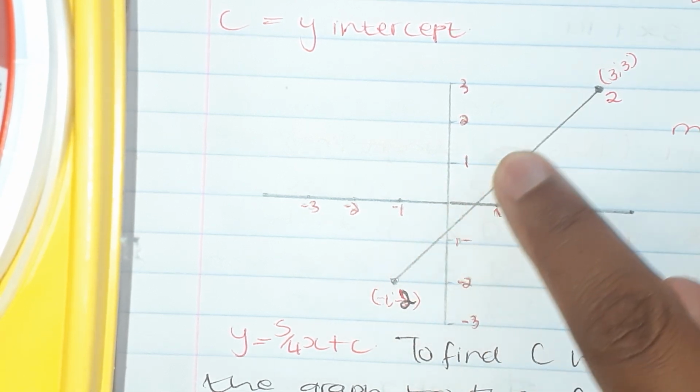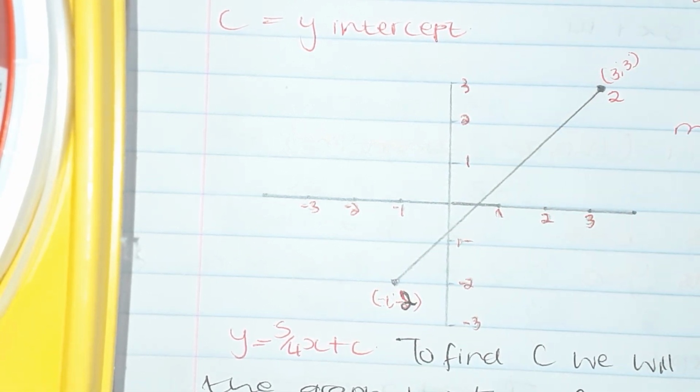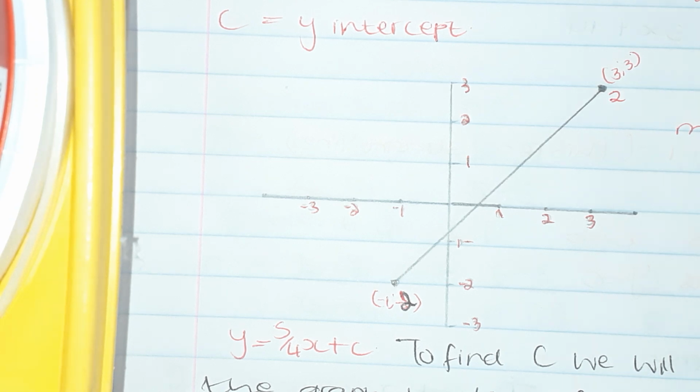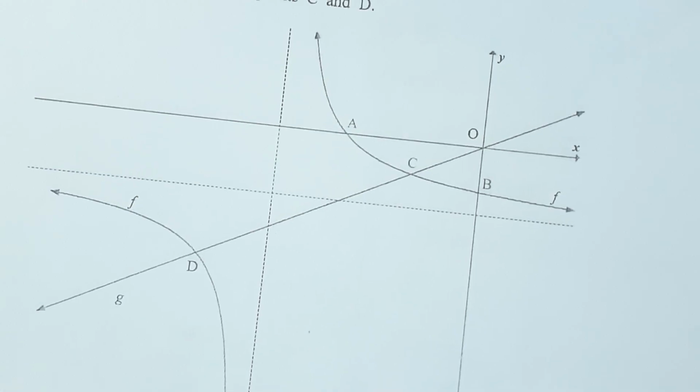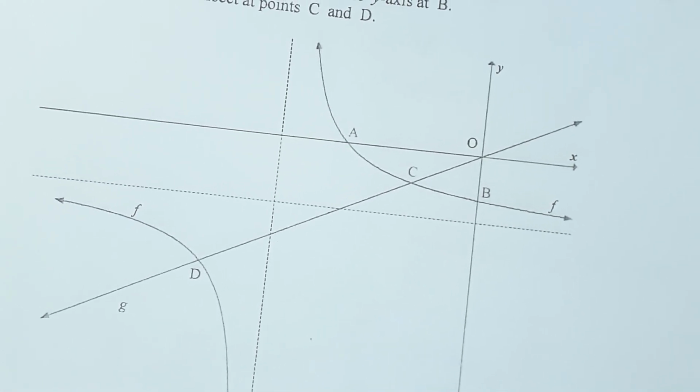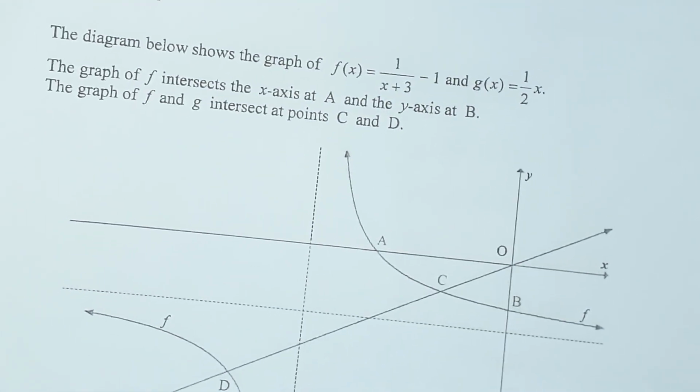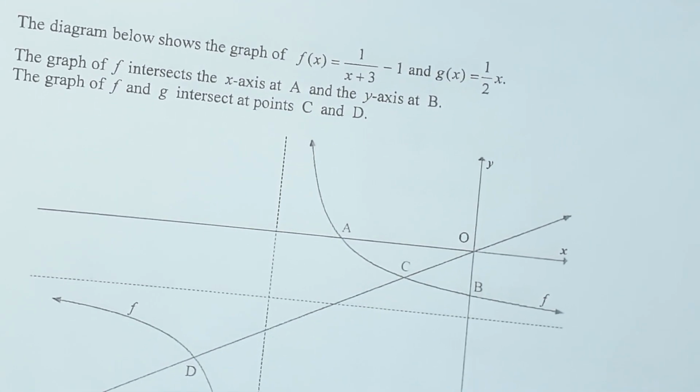When you see a straight line on a function, know that it is a straight line. That line, that is g, it's a graph of g at x, it's a straight line.